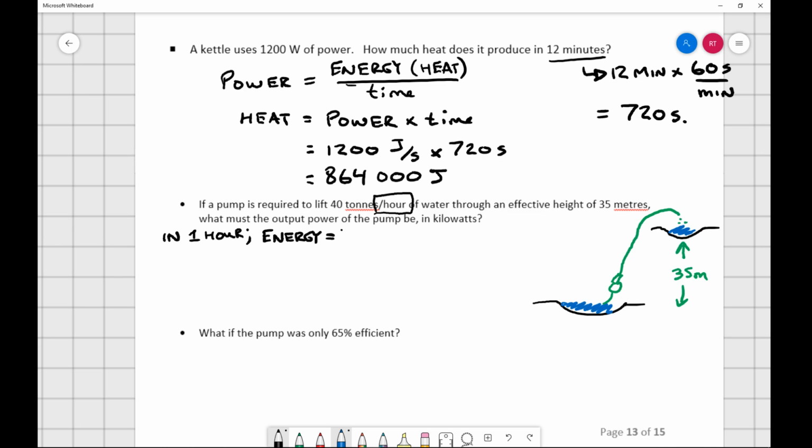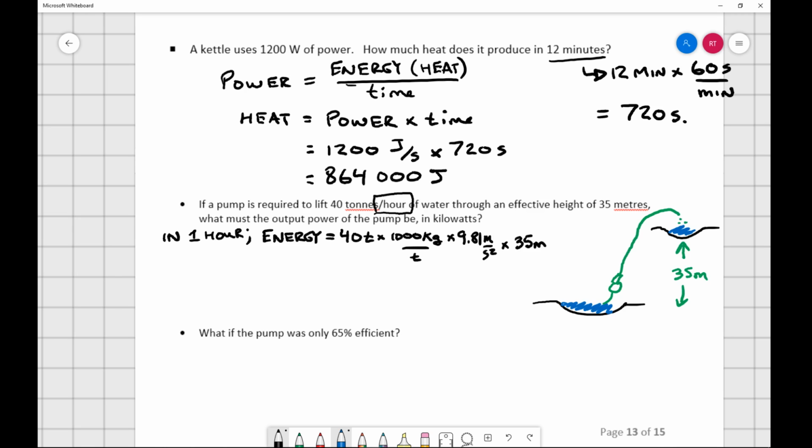Well, I have 40 tons times 1,000 kilograms per ton times 9.81, which is gravity, times 35 meters of height.